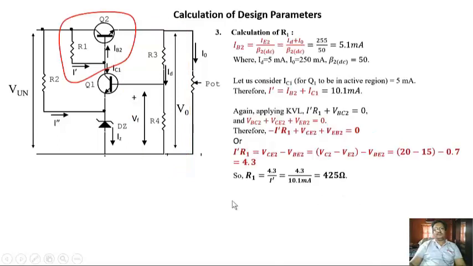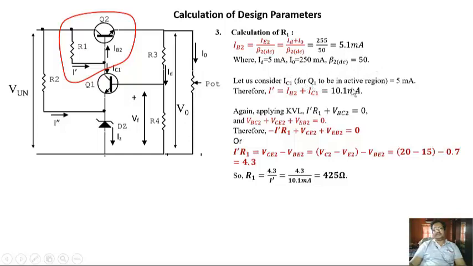You can also calculate the R1 value. You can write IB2 is equal to IE2 by beta 2. Here IE2 can be written as ID plus I0, and after calculation it is 5.1 milliampere. Here ID equal to 5 milliampere, I0 equal to 250 milliampere, and beta 2 equal to 50 as provided.